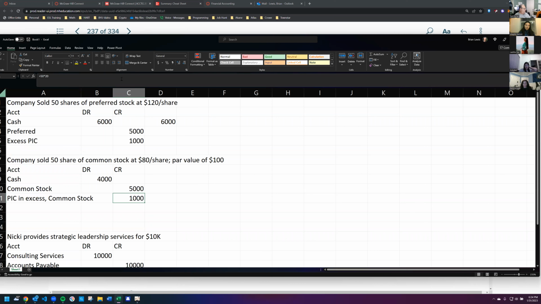But instead of this being a credit, it would have to be a debit of the difference. So that reduces the paid in capital in excess for common stock. So that's essentially the journal entry you have to do on this type of transaction, but I don't think you'll see that too often. Usually the par value on the shares is pretty low compared to their market price.